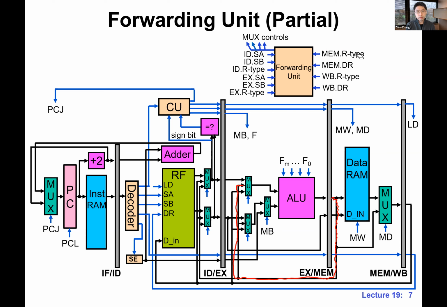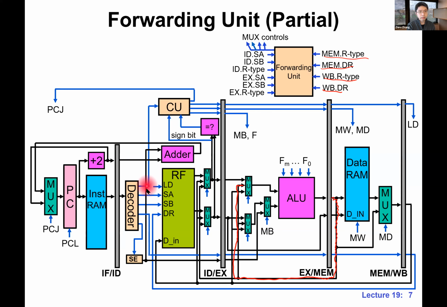Right, so first, in case you are still a little bit confused, these ones are the information bits that we have here. After decoding the instruction, we know exactly what kind of instruction, is it I type or R type, and DR, SA, SB.